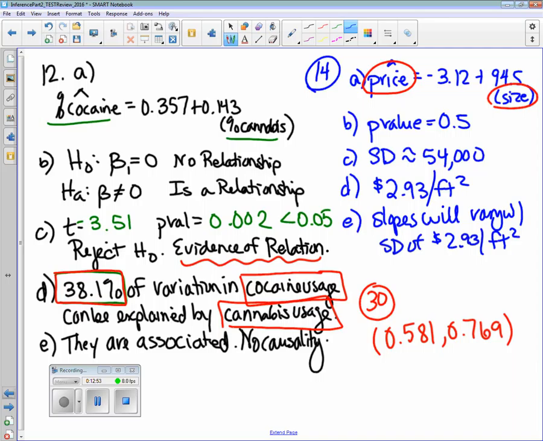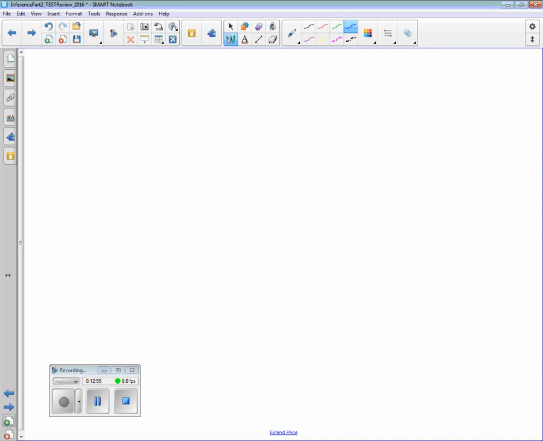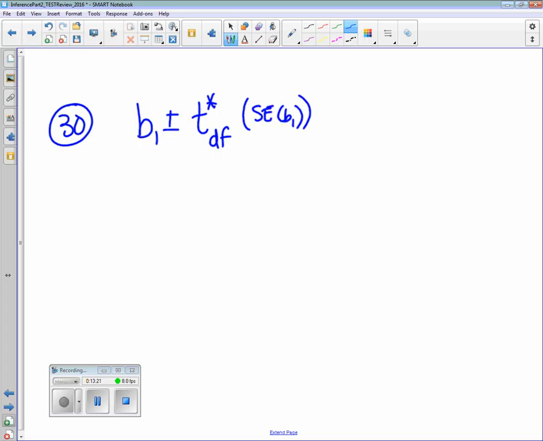In question 30, you are talking about SAT scores from 28. If you look at question 28, remember the formula that you need for a confidence interval is this.